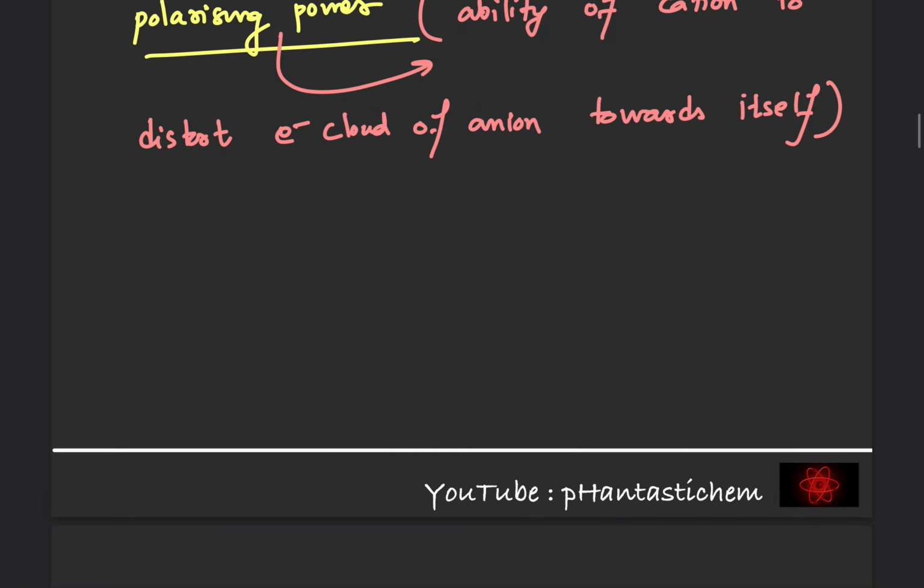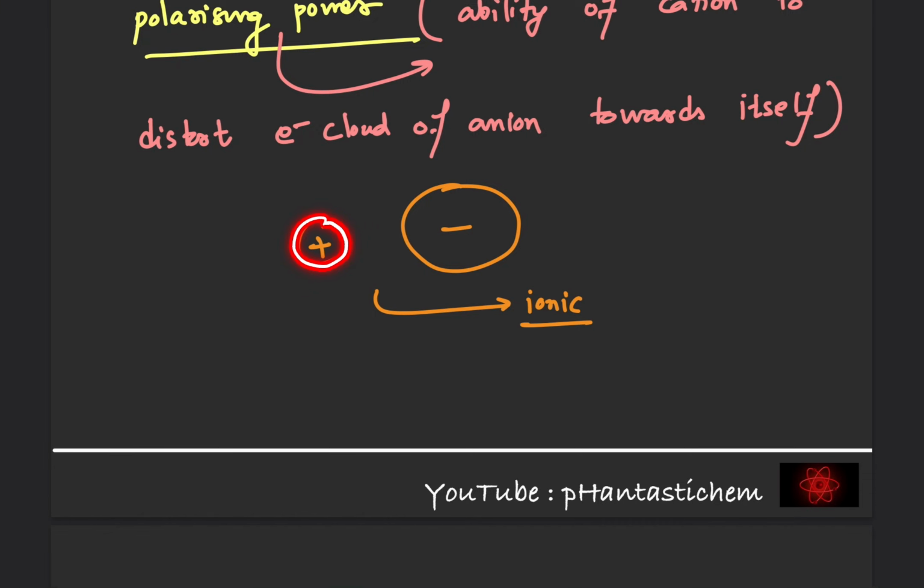With respect to a diagram, let's say we have the cation, which is obviously smaller than the anion, and let's say they are separate charges. In this scenario it is predominantly ionic. But because of the polarization produced by the cation, the electron cloud of the anion gets distorted. This is what is known as polarization.